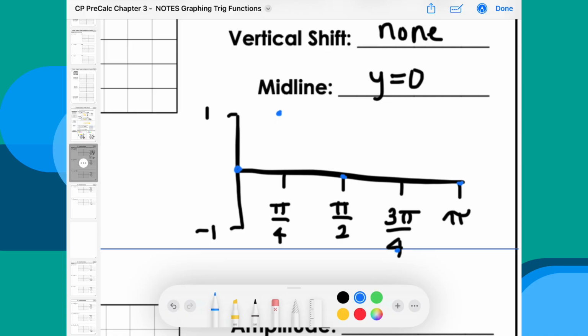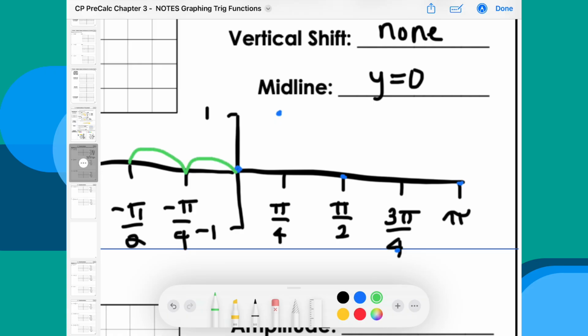Let me extend my graph to the left. So we have negative pi over 4 and then negative pi over 2. So the value that we have at 0, 0 is getting shifted left 2 blocks. The value that we have up here at pi over 4, 1 is getting shifted over 2 blocks.